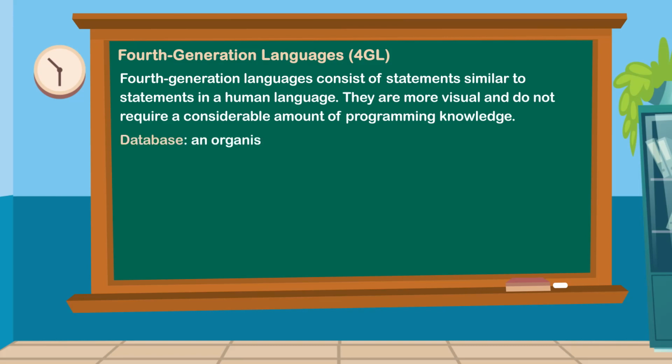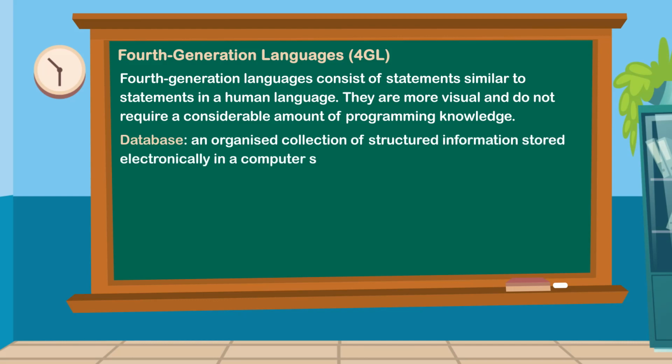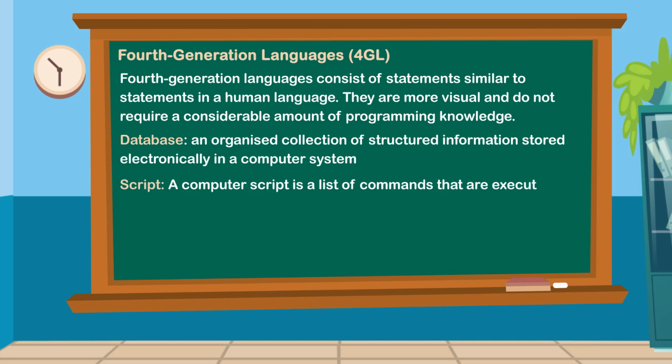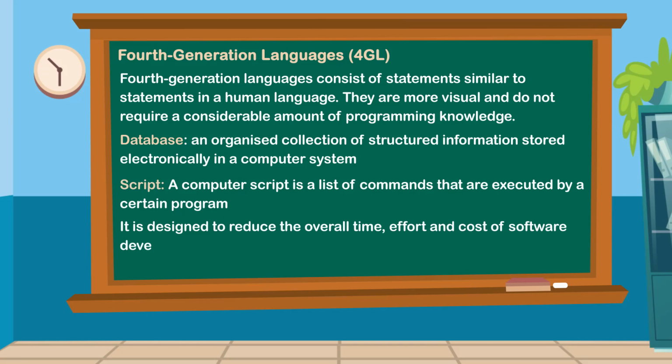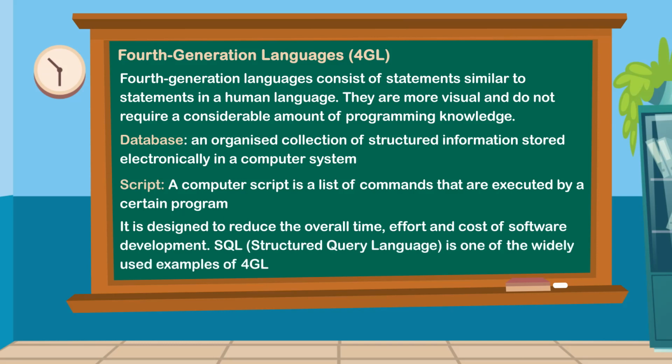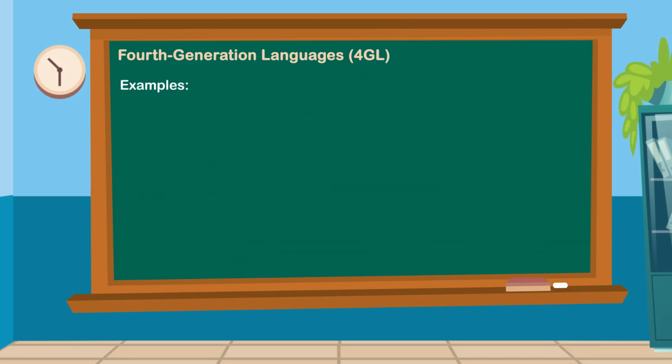Languages for accessing databases, which are organized collections of structured information stored electronically in a computer system, and languages for accessing scripts, which is a list of commands that are executed by a certain program, generally fall under this category. It is designed to reduce the overall time, effort, and cost of software development. SQL, or structured query language, is one of the widely used examples of 4GL. Some examples are Perl, PHP, and Ruby.